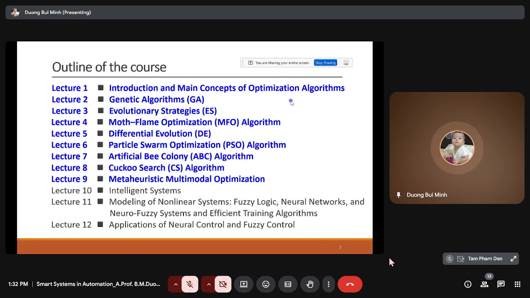Outline of the course. We study 9 lectures. Today we study lecture 1, right? Lecture 1, lecture 2, we study genetic algorithms.